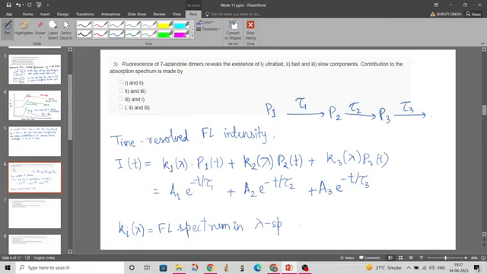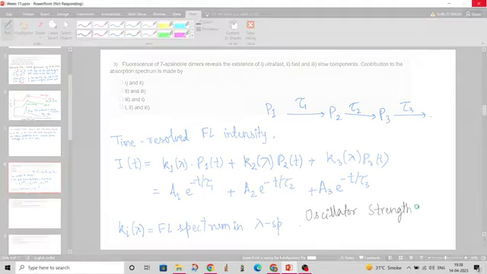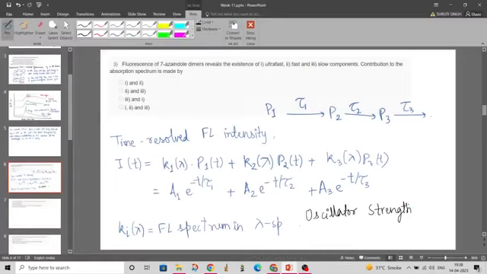And there is a term called oscillator strength, which shows how strong the transition is.